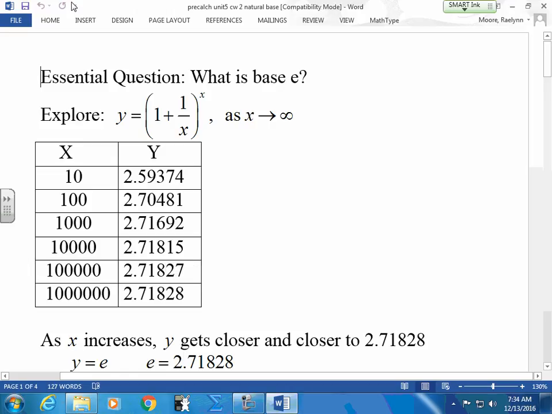So they ran this algorithm over and over and over, and theoretically, your natural log approaches this number right here. So technically, that means this.